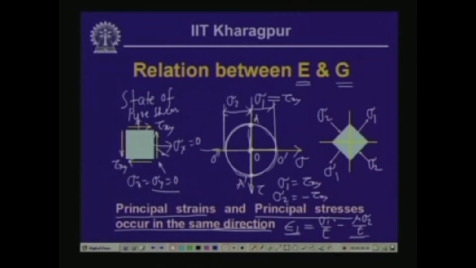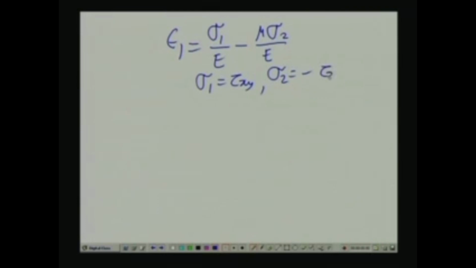Now, if we substitute the values of sigma 1 and sigma 2, we have epsilon 1 equal to sigma 1 by E minus mu sigma 2 by E, and as we have seen, sigma 1 is tau xy and sigma 2 is minus tau xy.